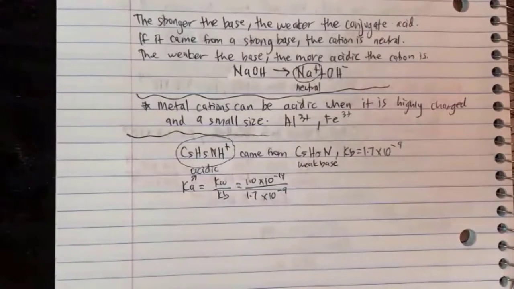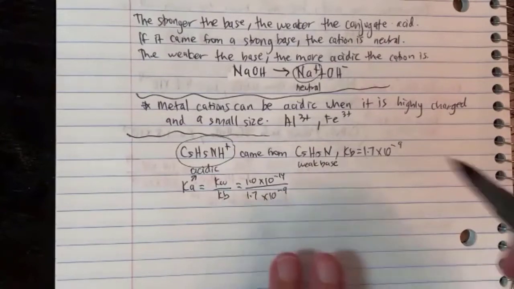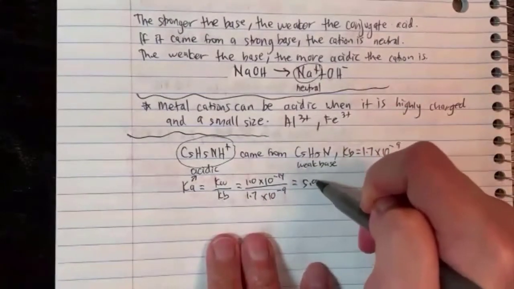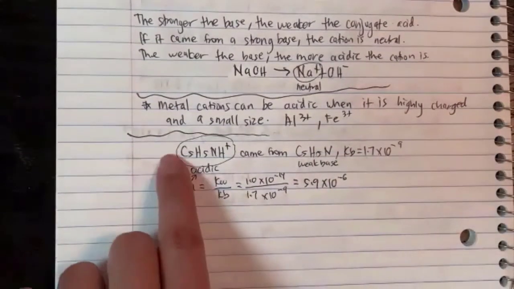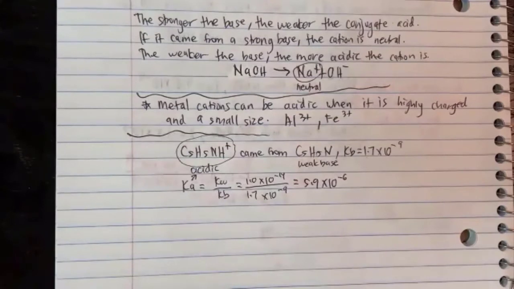Let's solve for that. I got 5.9 times 10 to the minus 6, which is the Ka for that ion.